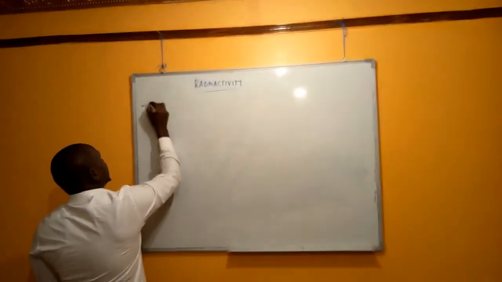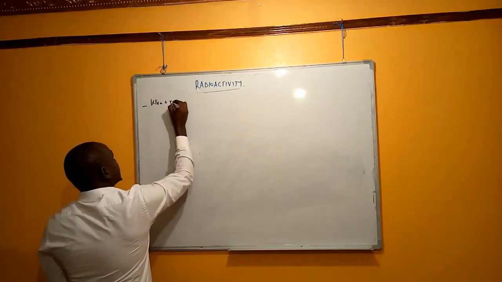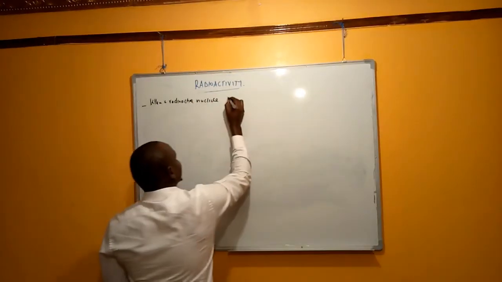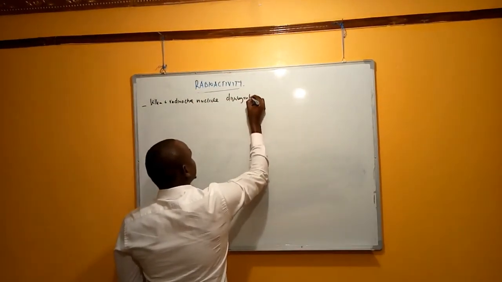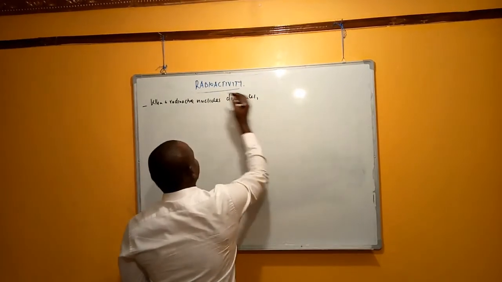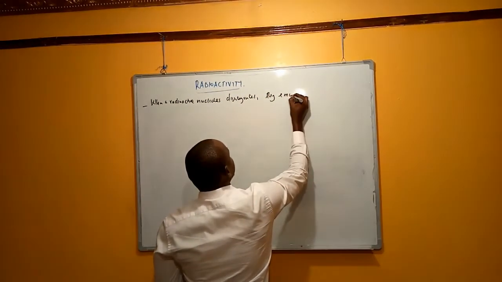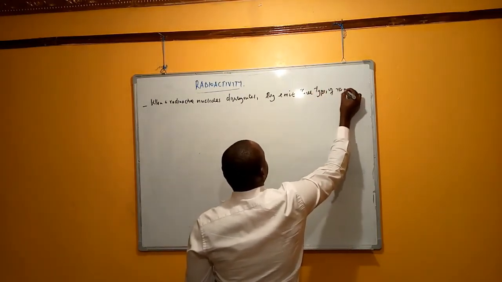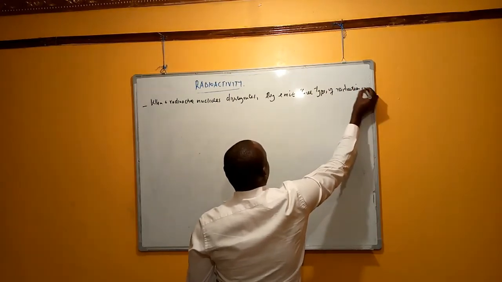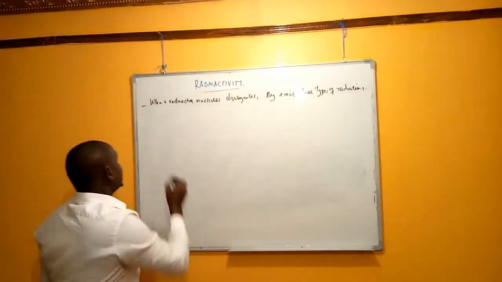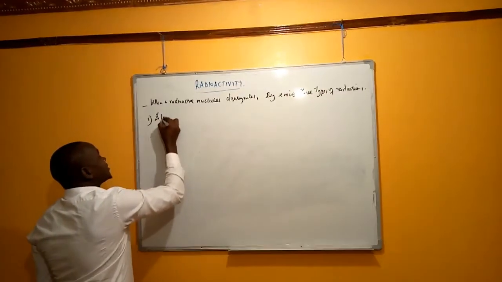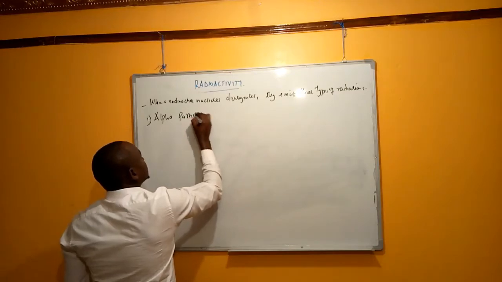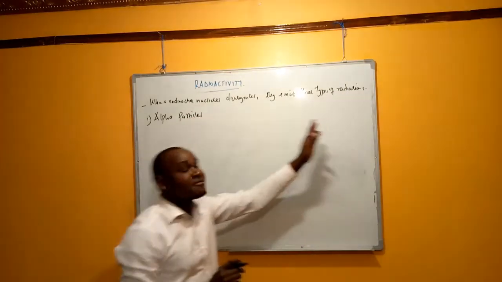When a radioactive nuclide disintegrates, they emit three types of radiations. One of these types of radiation is called alpha radiation. Call them alpha particles. So we said radiations are emitted in form of particles.